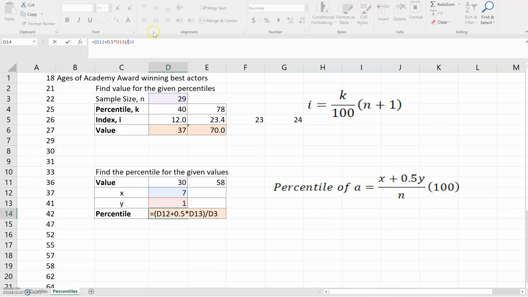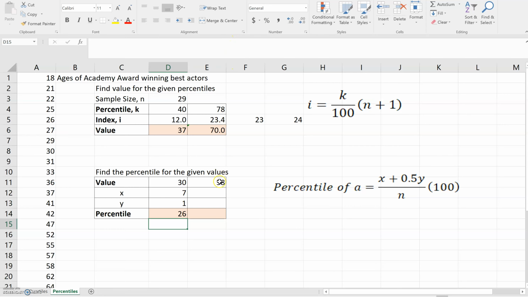And I want to freeze that cell, so I can just copy everything over for my second example. So I'm going to put the $ signs before and after the D. And then times 100. And I get a percentile of 26. So P26 equals 30.